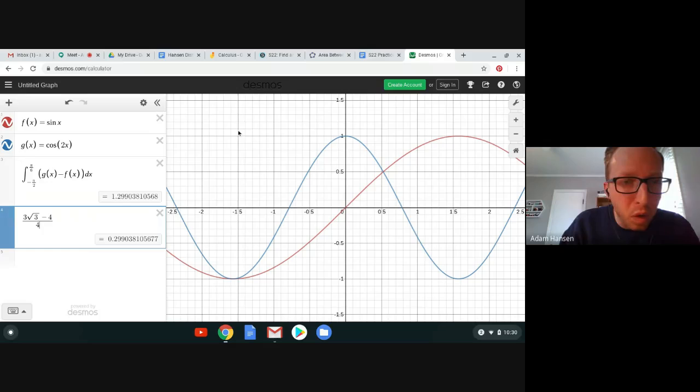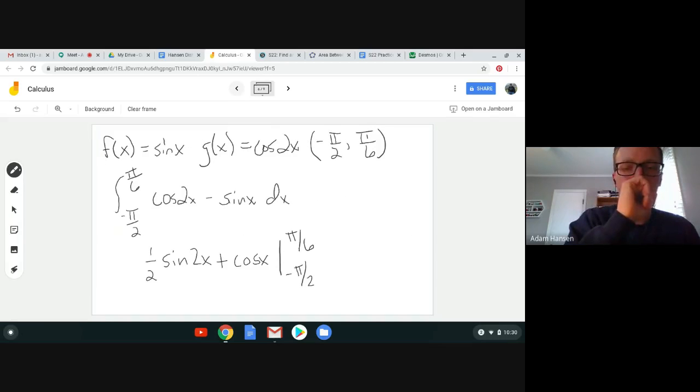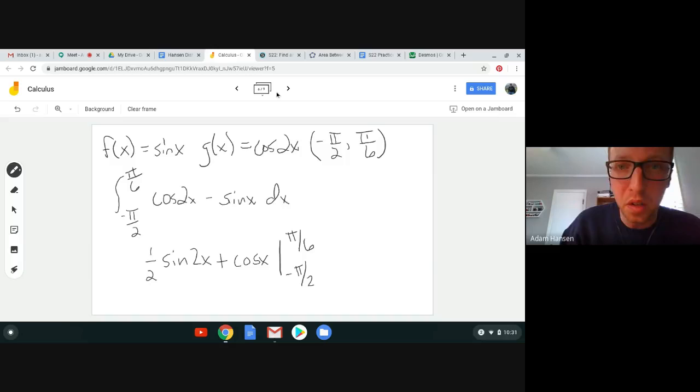I'm off by a value of 1 here. Oh, I gotta plug in negative pi over 2 rather than 0.